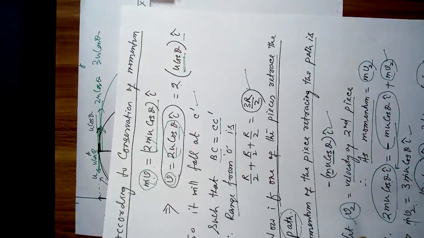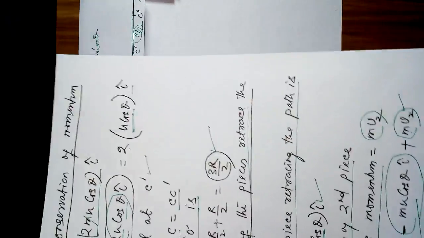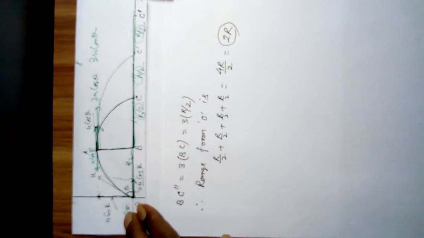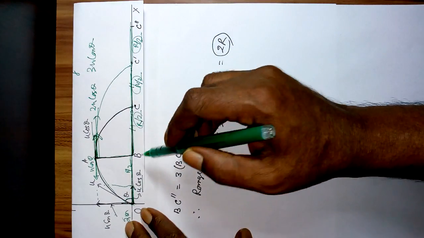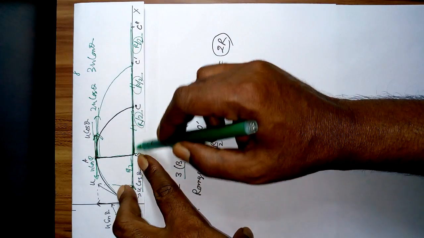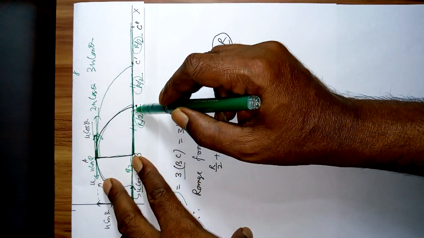So it will fall at C double dash such that BC double dash will be 3 times BC, because due to u cos theta it was arriving here, and from here to here is BC.